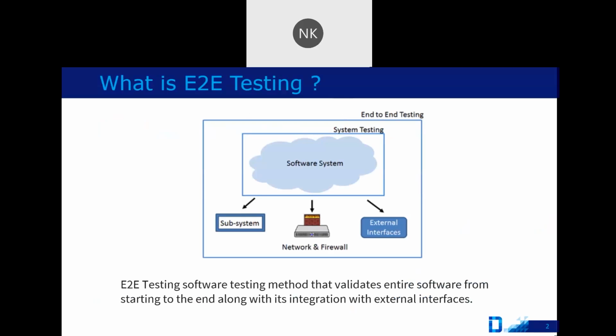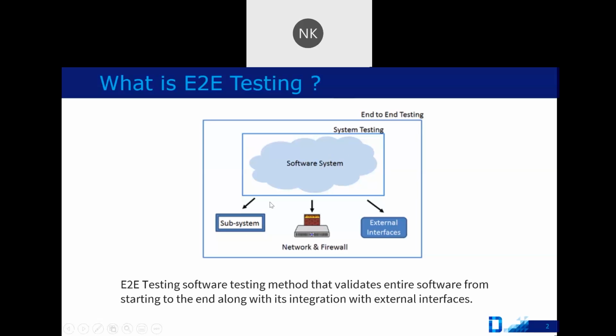So end-to-end testing is a software testing method that validates the entire software from start to end, along with its integration with external interfaces. As you can see in this picture, there's a software system.